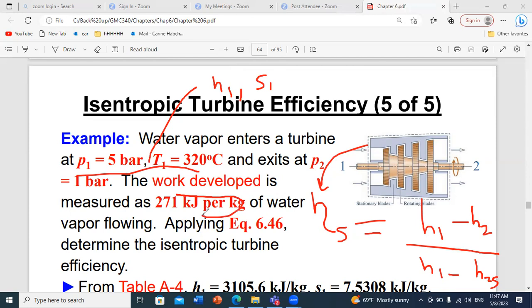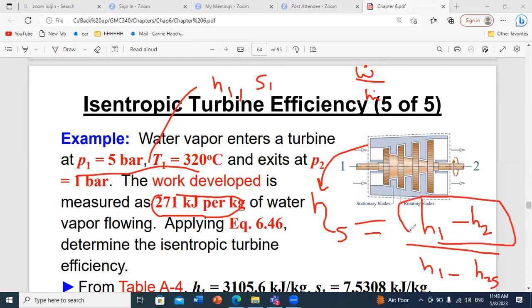Okay. Now, because they gave us the work developed, we know it. W dot real, we know it. We just need to determine what? W dot ideal. W dot over M dot real is given in this problem. The real one is equal to 271. What we want to search for, as you know, is H1 minus H2.